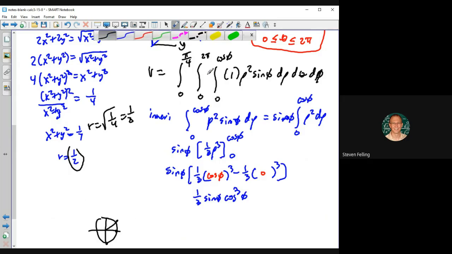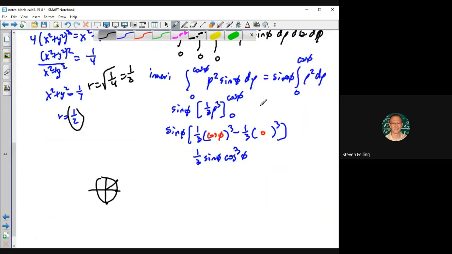Okay, let's do the next level integral, which is 0 to 2 pi for d theta. So the d theta is going to be the integral from 0 to 2 pi of this. But while we're working on theta, everything here is just a constant, right? So let me move this over a little bit, because all of that is a constant. We just have 1/3 sine phi cosine cubed phi.